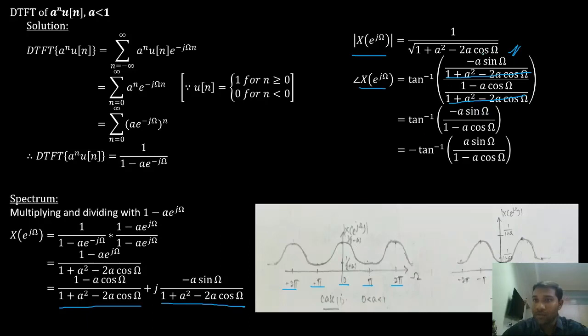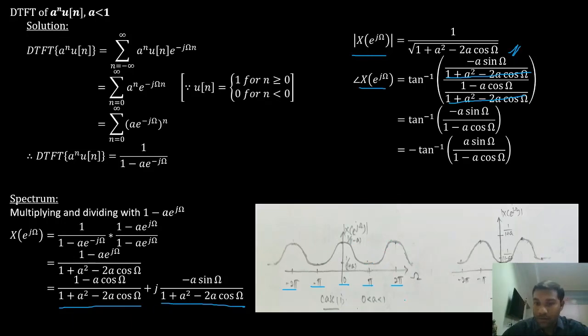Cos 0 is 1, and it reduces to 1 by root over 1 plus a square minus 2a. That is nothing but 1 minus a whole square. So the square root and square cancel. I have 1 by 1 minus a at omega equals 0. And then at omega equals pi, if I do the same calculation, I'll get 1 by 1 plus a. And again at omega equals 2 pi, I'll get 1 by 1 minus a.